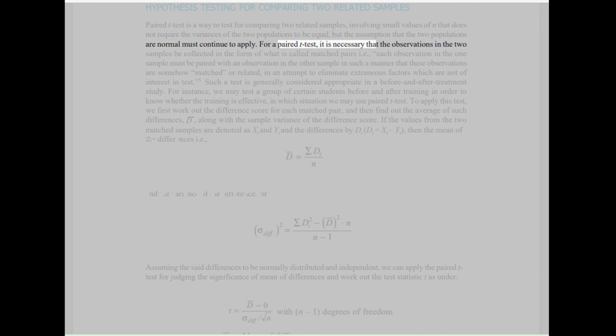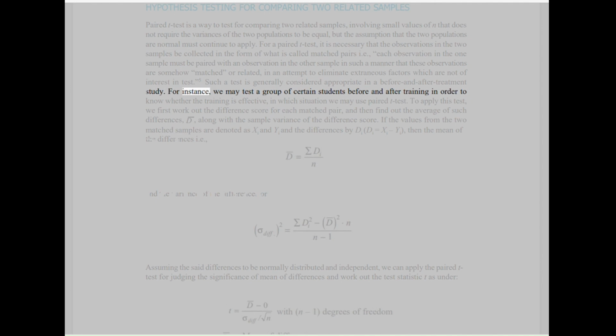For a paired t-test, it is necessary that the observations in the two samples be collected in the form of what is called matched pairs, i.e., each observation in the one sample must be paired with an observation in the other sample in such a manner that these observations are somehow matched or related, in an attempt to eliminate extraneous factors which are not of interest in the test. Such a test is generally considered appropriate in a before and after treatment study.